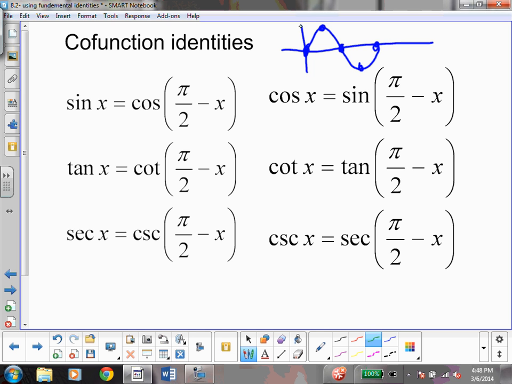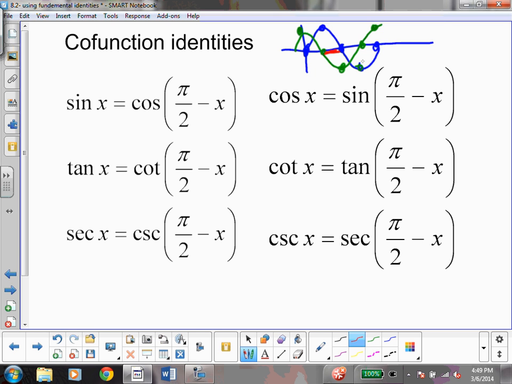And we take the cosine graph and plot it in the same plane. We discussed in our graphing unit how these two functions are only one phase shift or 90 degrees apart. So if I take this cosine graph and I move it forward 90 degrees, I would end up with the sine graph.